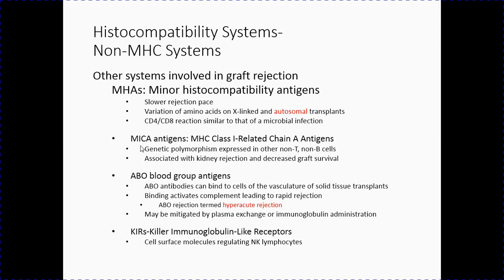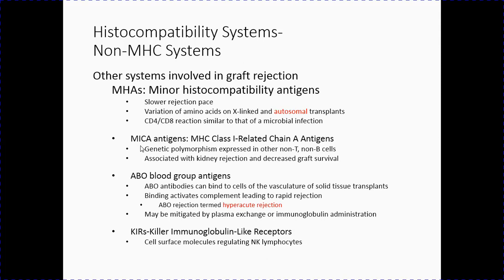And the last system involved in graft reactions are called the KIRs, the killer immunoglobulin-like receptors. And these are interesting. They regulate the activity of natural killer cells. It's maybe easiest to explain in an example.